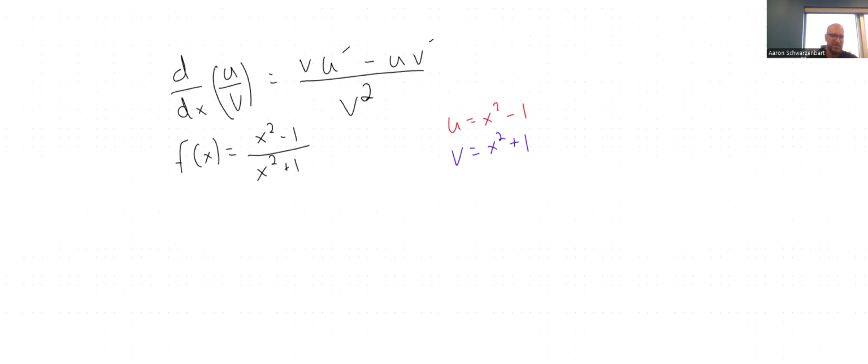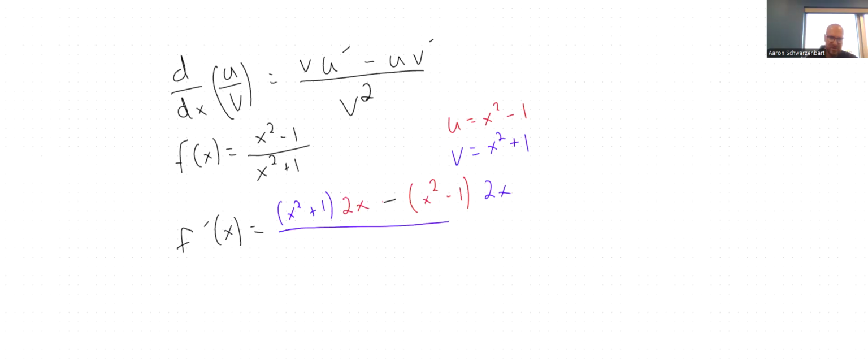So the derivative is the bottom times derivative of top, minus the top times derivative of the bottom, all over x squared plus 1 squared. The top does simplify.